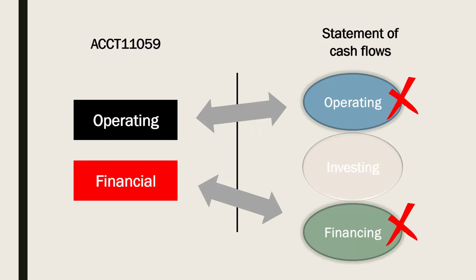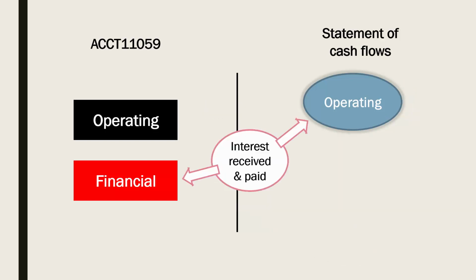These concepts of operating and financial activities we used in Act 11059 are a little bit different to the definitions of operating and financing activities used in the classification of cash flows in the Statement of Cash Flows. These differences are: operating activities in the Statement of Cash Flows includes interest received and interest paid by a firm.